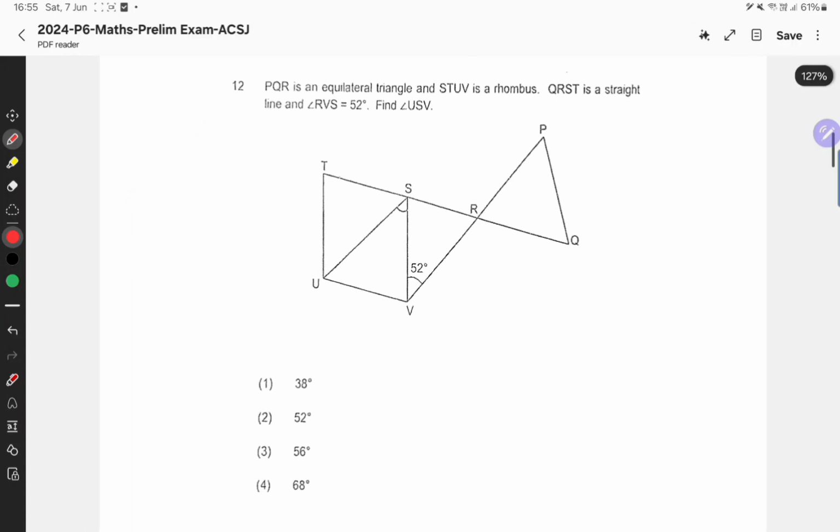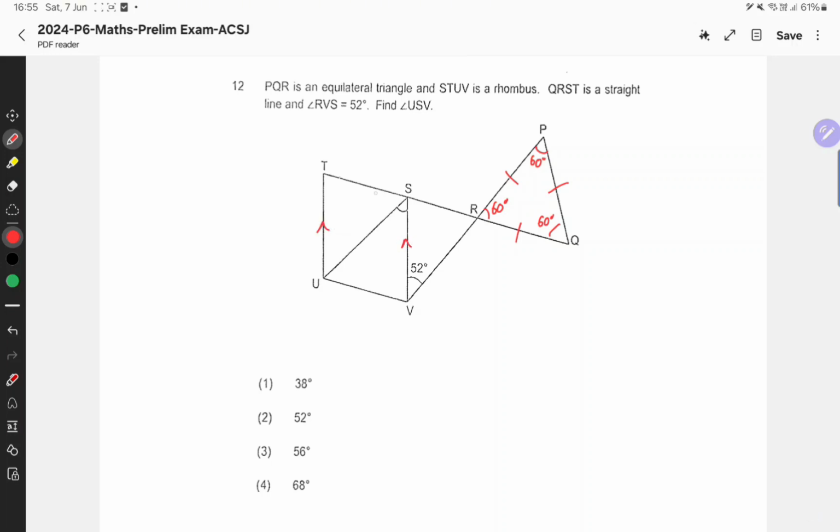Okay, next question. Question 12. PQR is an equilateral triangle. STUV is a rhombus. So straight away draw out your lines and your angles.